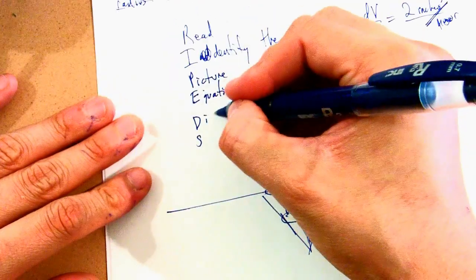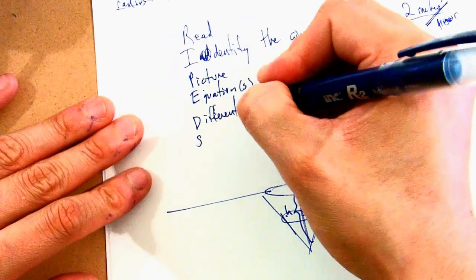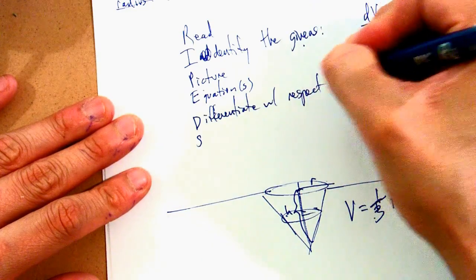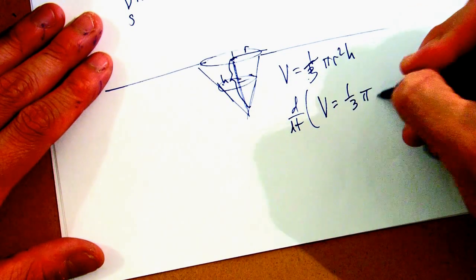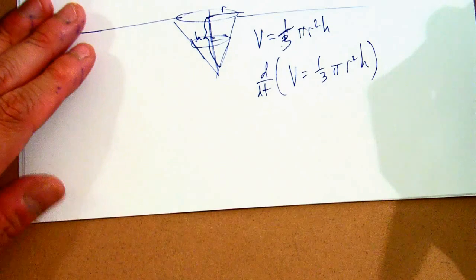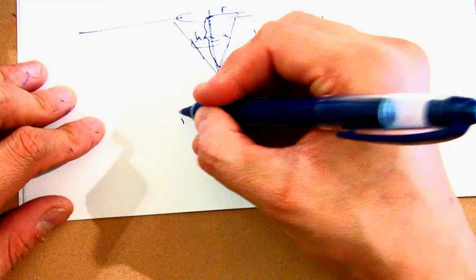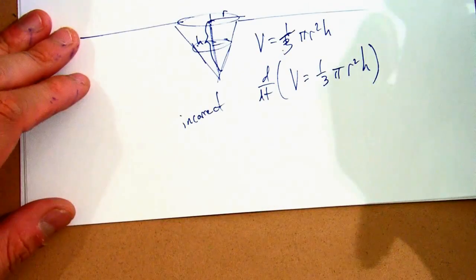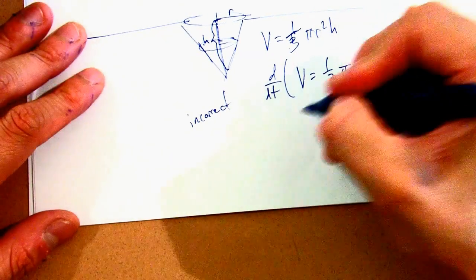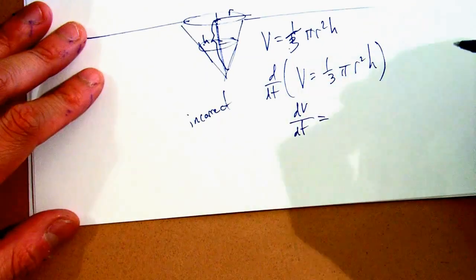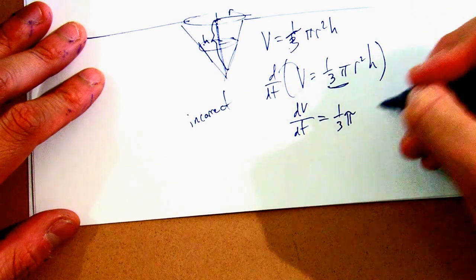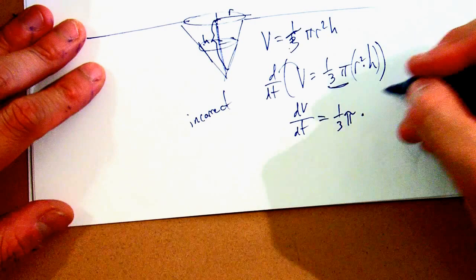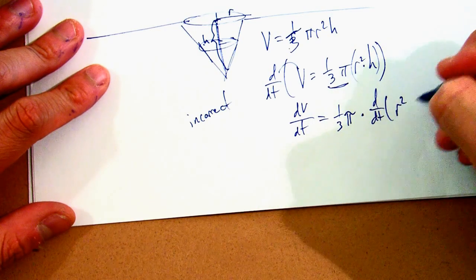So I have this one, but if you try to do the next step, which is to differentiate with respect to time, what we get is d/dt of V equals 1/3 pi r squared h. I'm going to do this incorrectly, so this is going to be incorrect. When you take the derivative here, I'm going to get some extra things that I don't have. So dV/dt is 1/3 pi, which goes along for the ride, times the product rule: d/dt of r squared h.